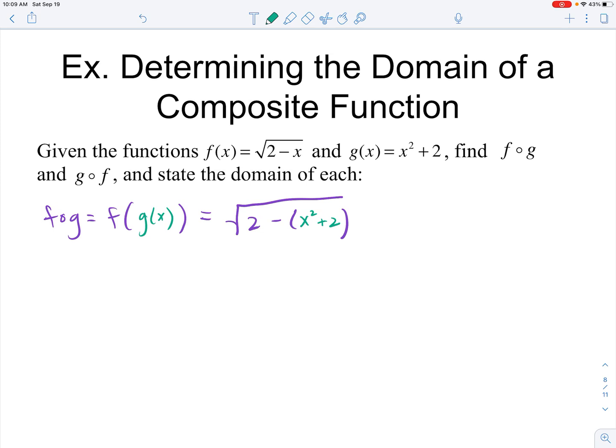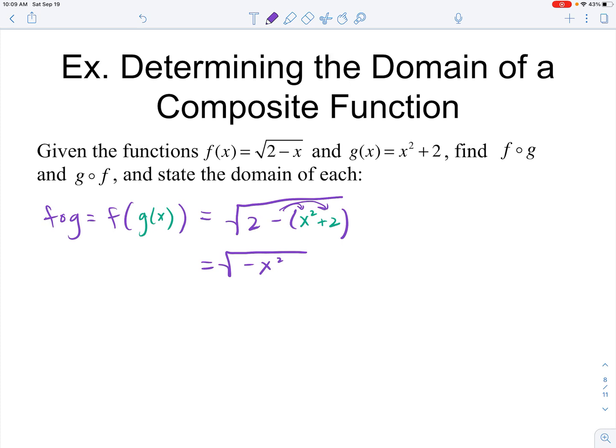Now, combining like terms is not considered to be a major simplification. We can go ahead and distribute that negative and then combine like terms, and we would actually just end up with negative x squared underneath the radical.